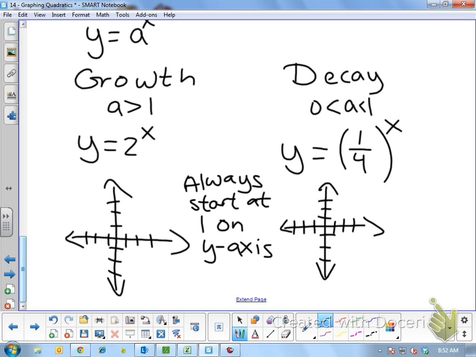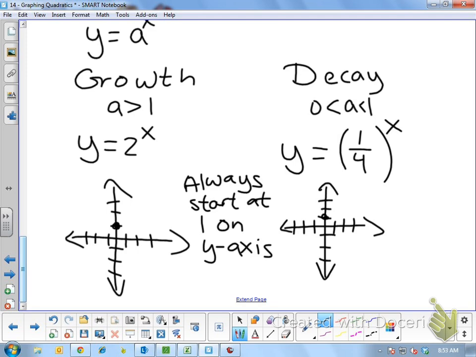There are some variations, but we're not focusing on these variations because we're just reviewing this really quickly, and then we'll talk about graphing a quadratic. So for both of these, we always start at 1 on the y-axis. That's where we put our first dot. It's the same for both.